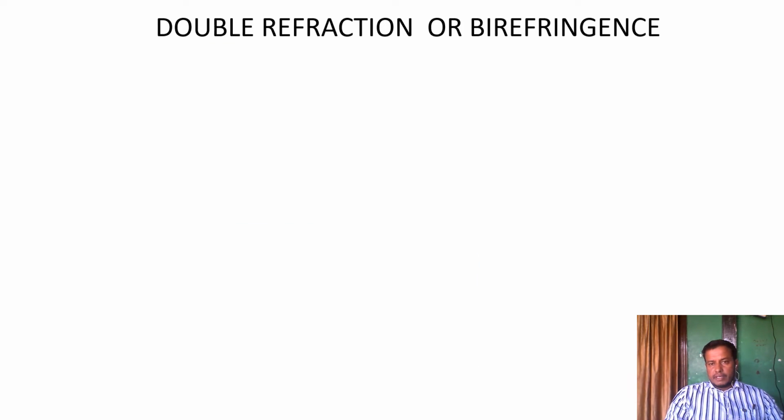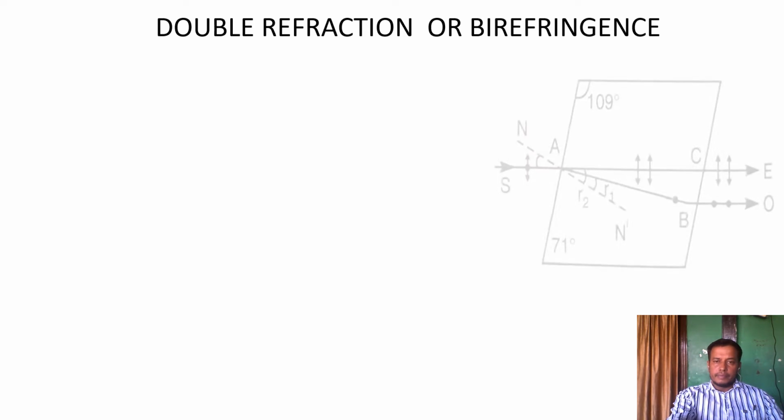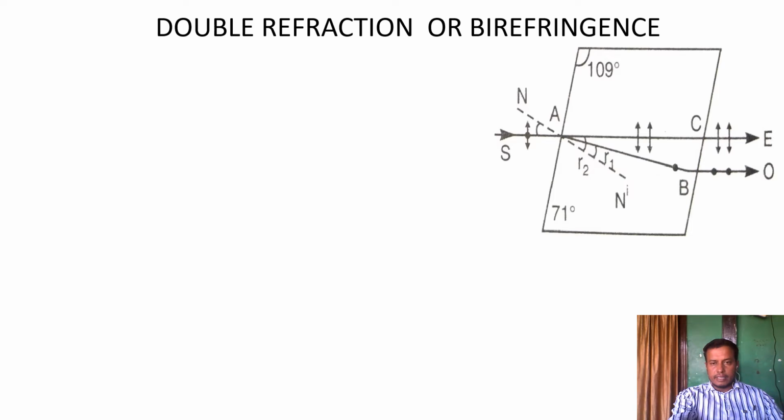Double refraction definition. In this figure, this is the calcite crystal. There is a source of light S. Light originates from the source, moves towards the calcite crystal and hits it at A with an angle of incidence i.